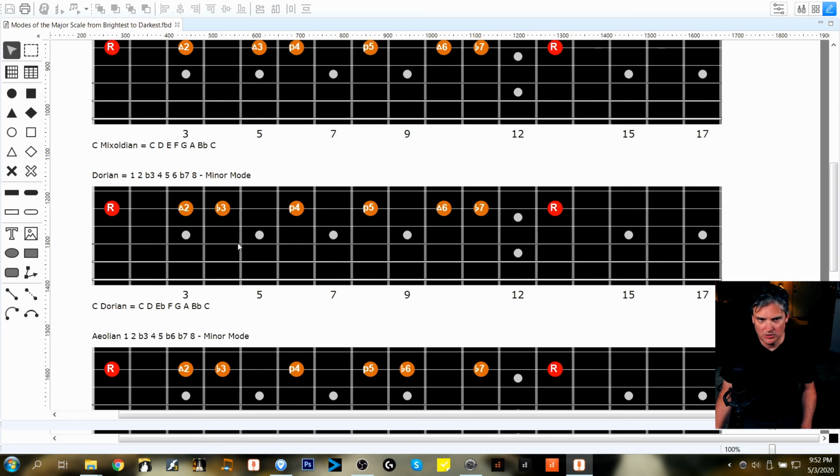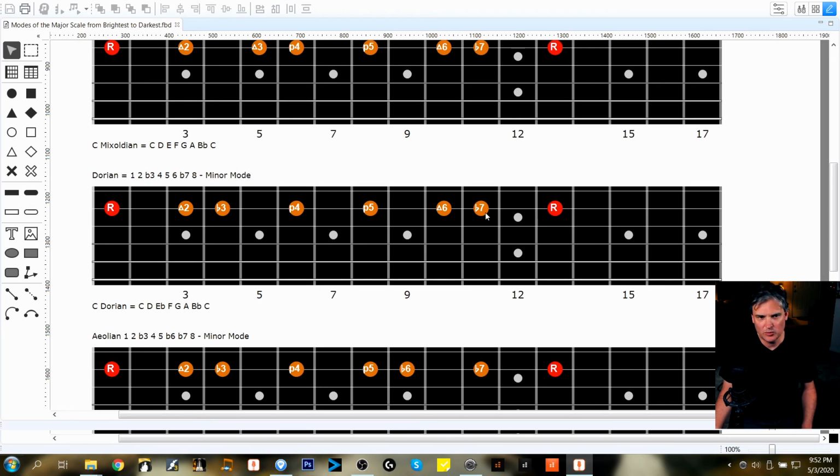So the Dorian mode has a flat 3 and a flat 7. So the Dorian mode is just like the Mixolydian mode, except one note difference, and that is the minor third. Now all the minor modes within the major scale, they all have a flat 3 and a flat 7. That's what they all share in common.